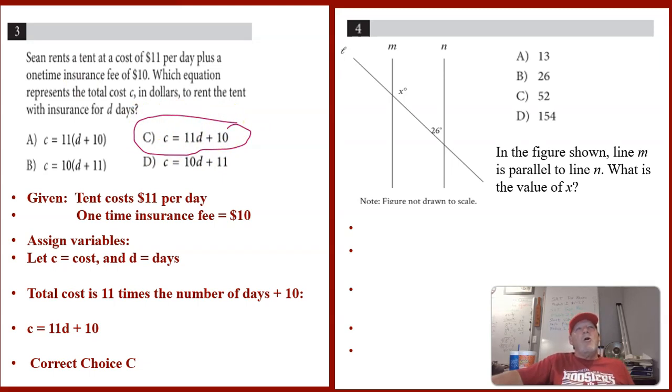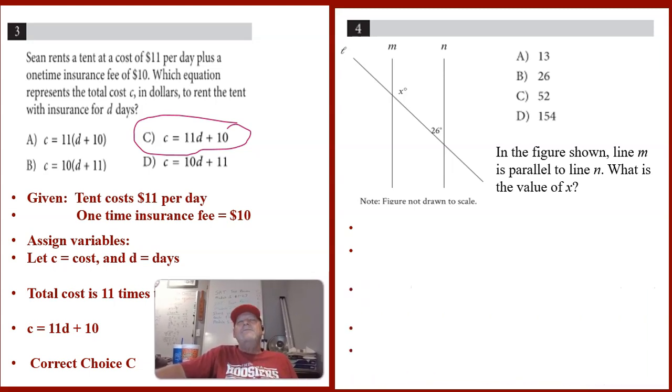Number 4 is the hardest one, in my opinion, in this problem set. It is another multiple choice. You have two parallel lines, M and N are parallel. So in my geometry class, I would actually draw on this figure arrows in the same direction, which means that those lines are parallel.